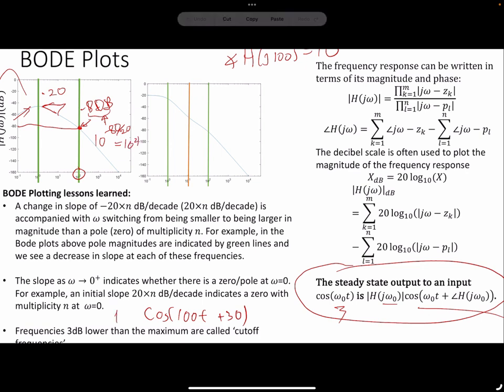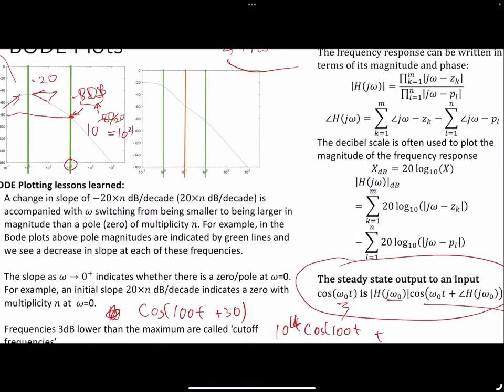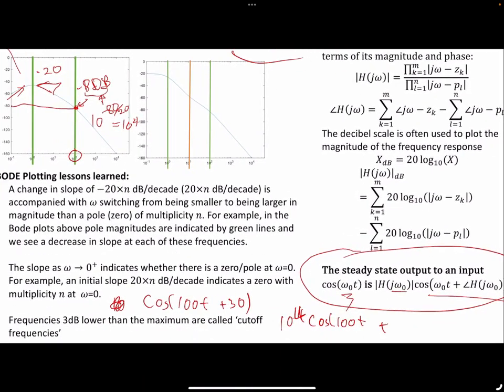So to find my steady state, I'm just going to multiply by that. The steady state is 10 to the 4 cosine 100t plus, and I told you that the angle was 10, so 30 plus 10. And that's all you need to do.